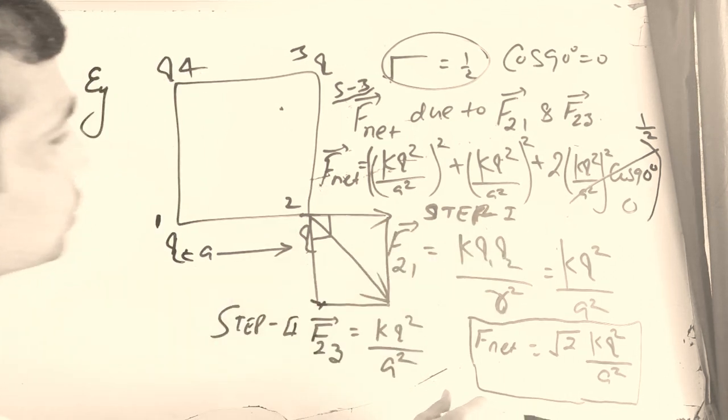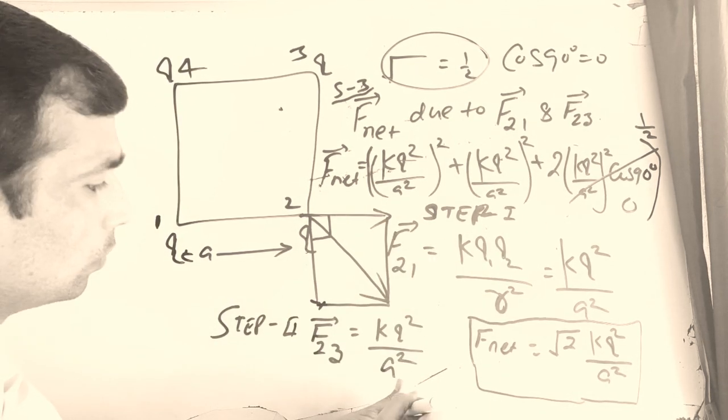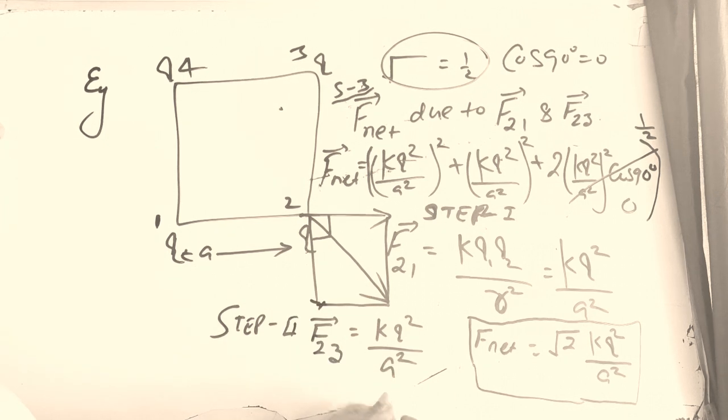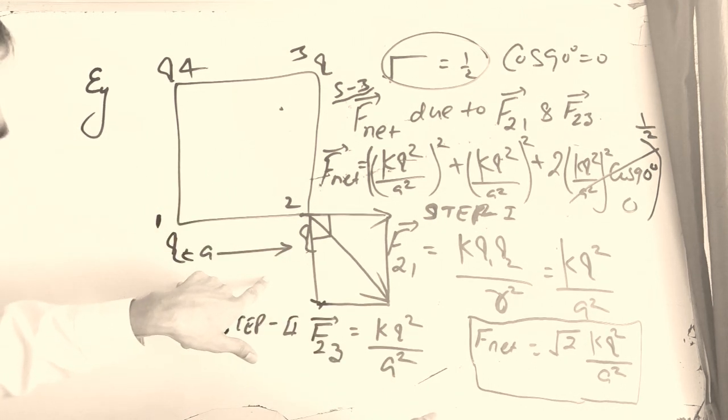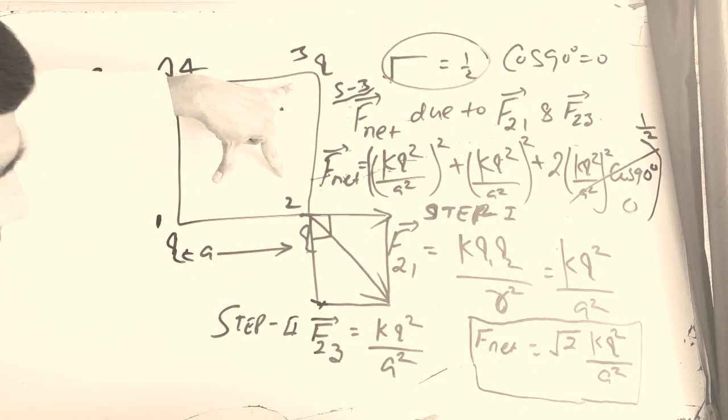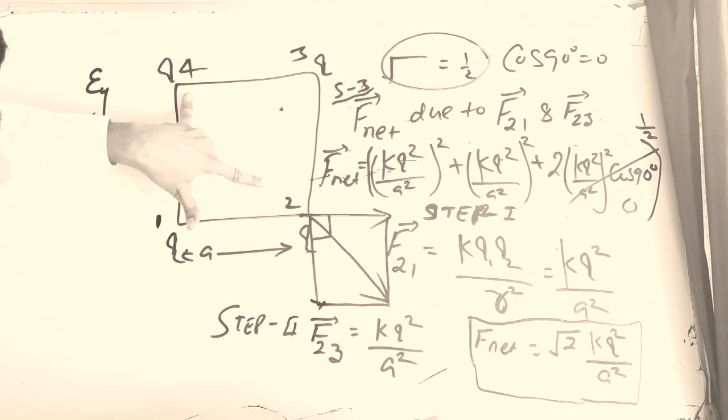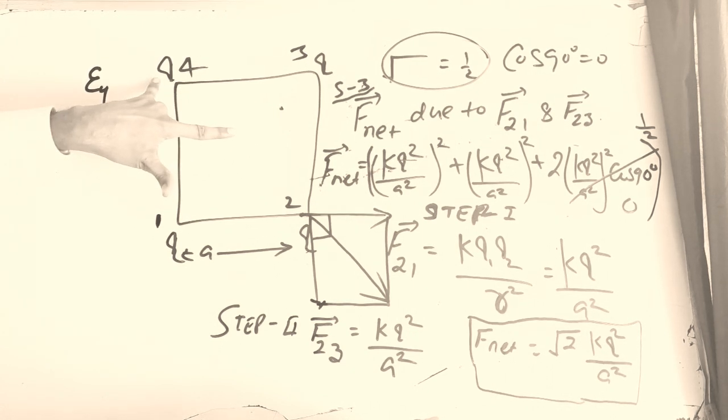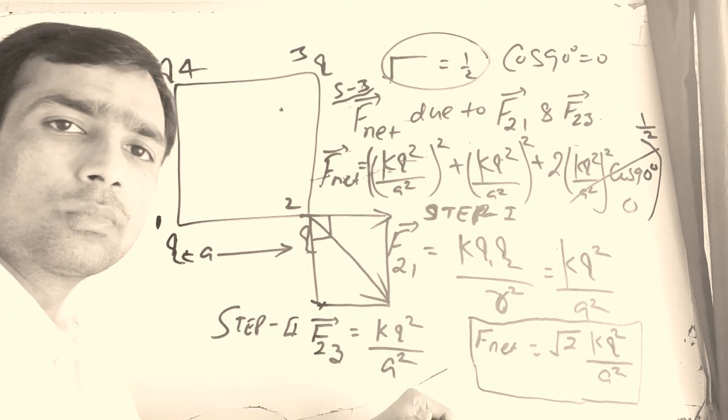So take a screenshot. After that I'll move to find F net due to the next pair of charges. This is the pair of charges I have taken, and finally I'll take the pair of charges q and q. So student, take a screenshot, right?